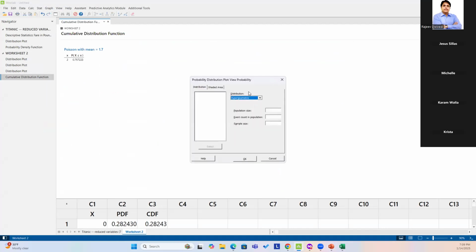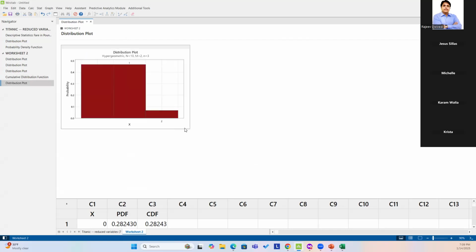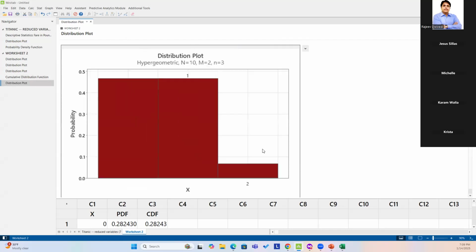Here is hyper. Now here you see 10, sample size 3, and event count 2. So population, event, sample size. Now we would like to see all 3. I just use this.